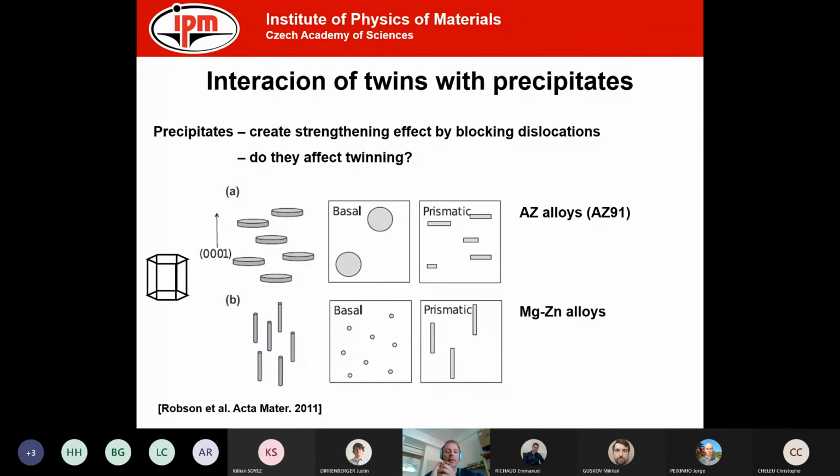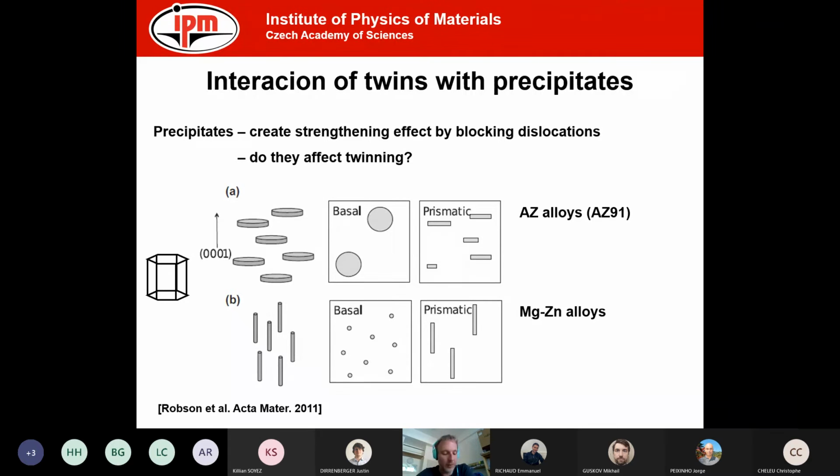growth of the twin. Our other topic for the research was the interaction of twins with precipitates, because of course in alloys you have precipitates that are usually used to create a strengthening effect, usually by blocking dislocations.